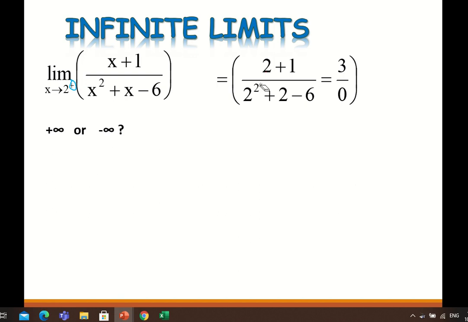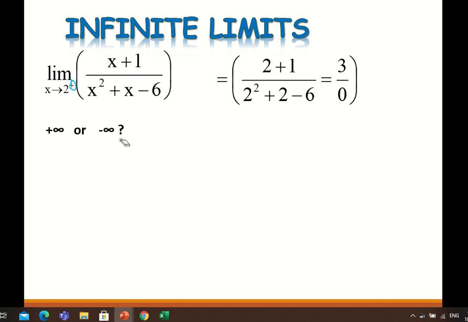So we have 2 squared plus 2 minus 6: 2 squared is 4, plus 2 is 6, minus 6, that makes 0. So numerator 2 plus 1 is 3, divided by 0. The denominator, when you substitute x equal to 2, becomes 0.